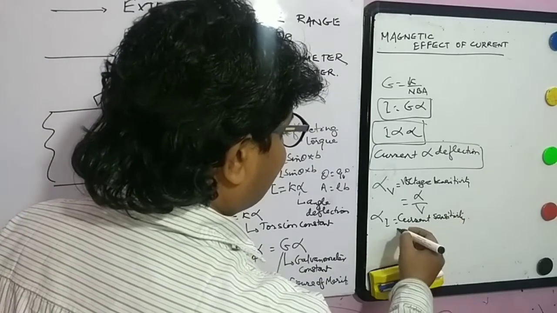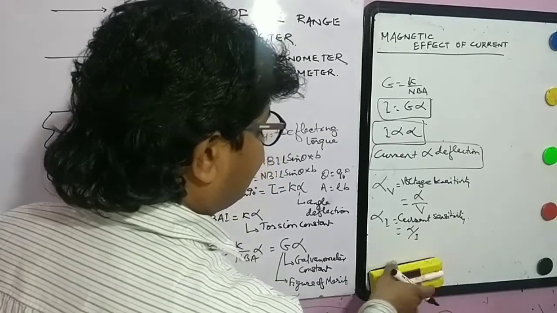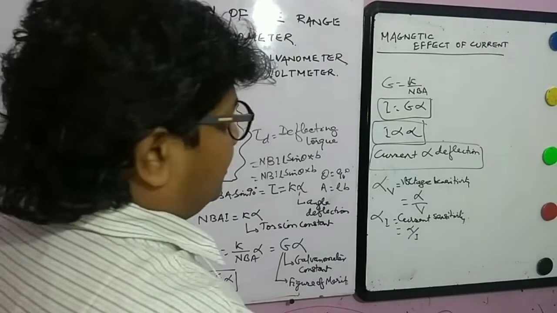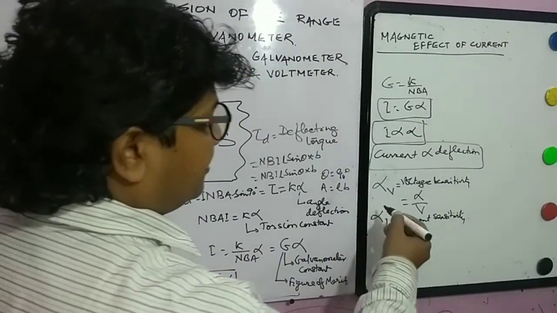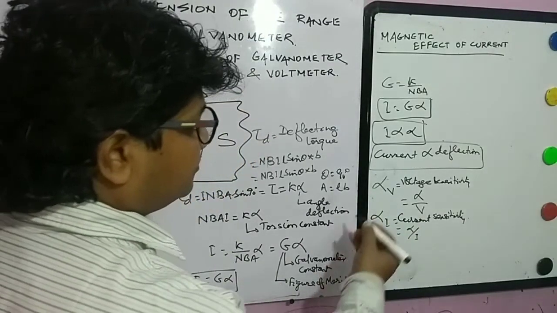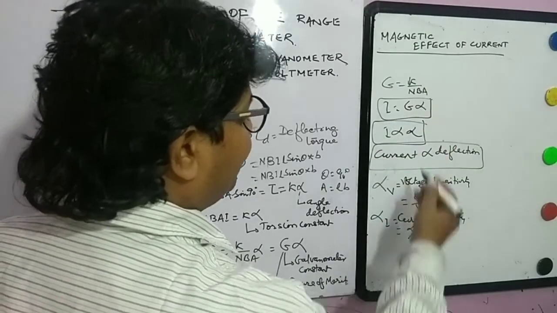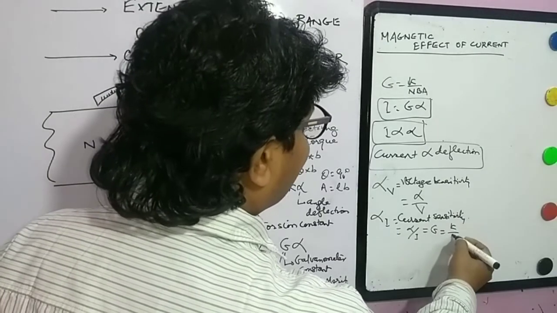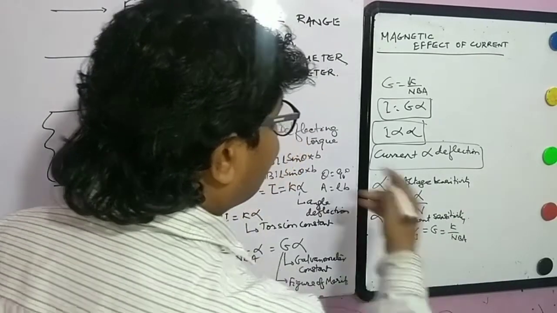So what is alpha by I? Alpha by I is nothing but G. So G is nothing but K by NBA, K by NBA.